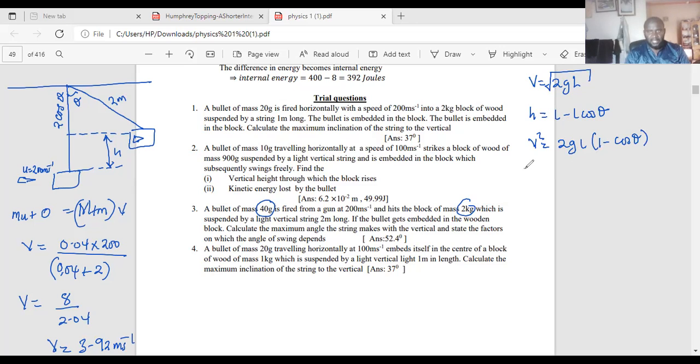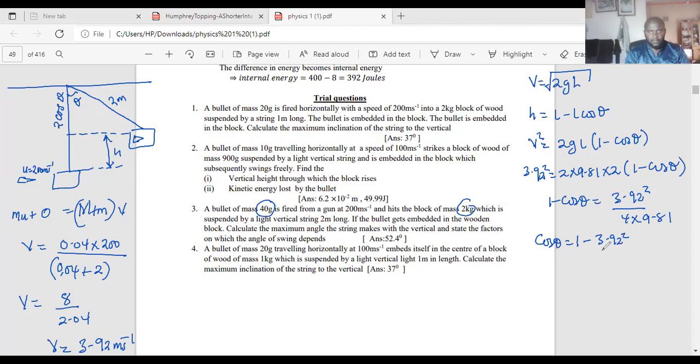So 3.92 squared is equal to 2 times 9.81 times 2 into 1 minus cosine of theta. 1 minus cosine of theta would be 3.92 squared divided by 4 times 9.81. What is cos theta? Theta is cos arc.